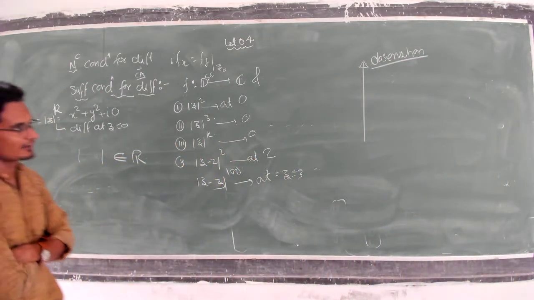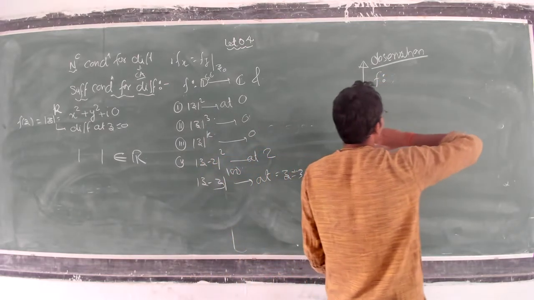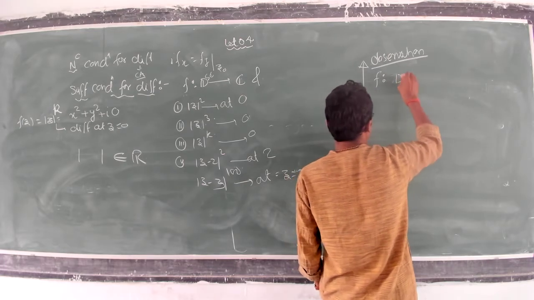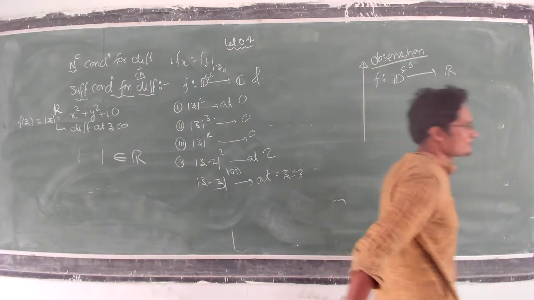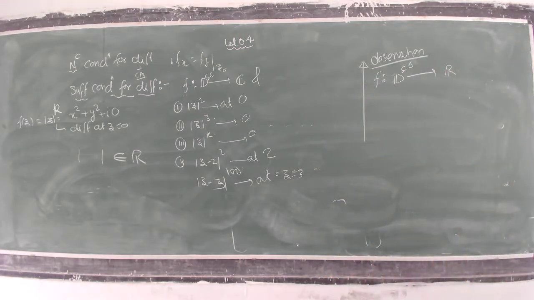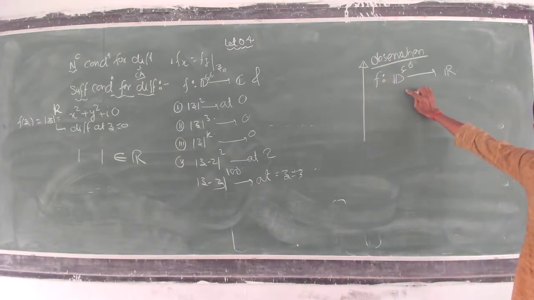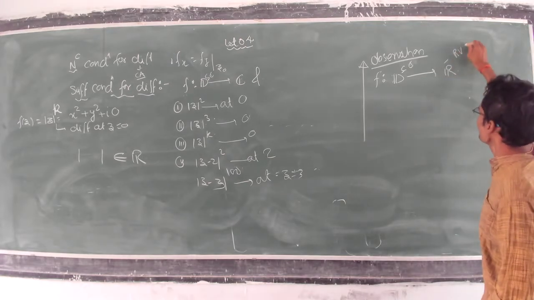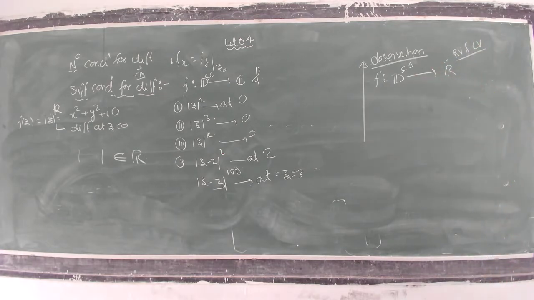So meaning, if a function is defined from a subset of complex numbers to the real numbers, okay, it can be modulus also. So the function of a complex variable, real valued function of a complex variable, this is known as a real valued function of a complex variable. Value will give you real only.